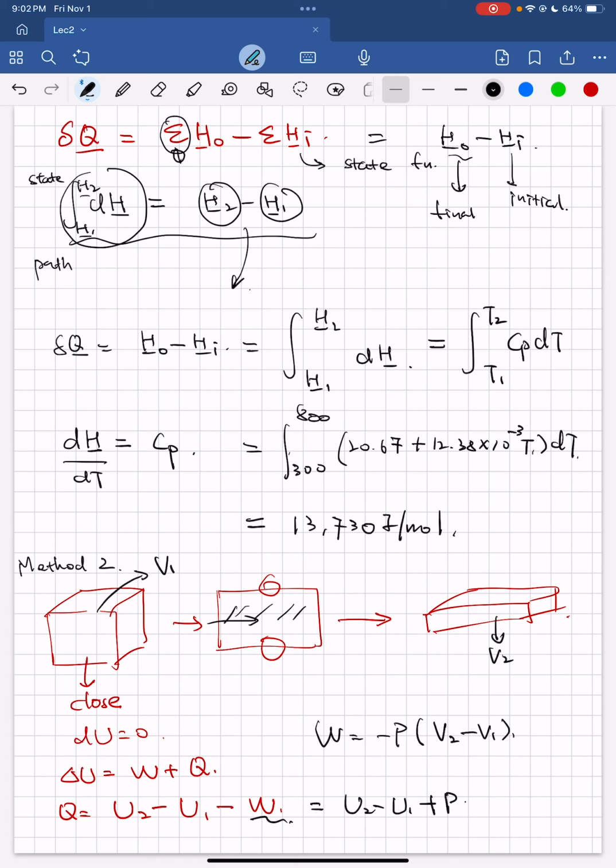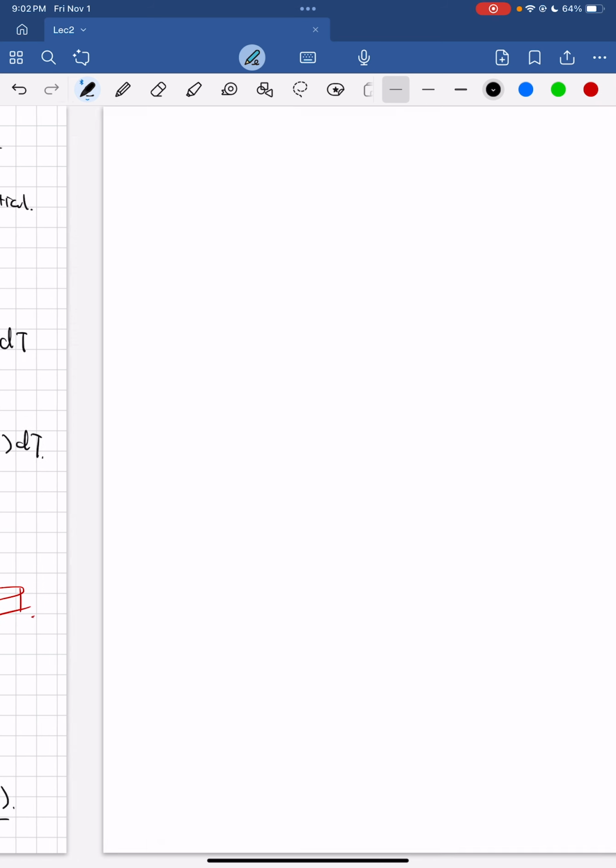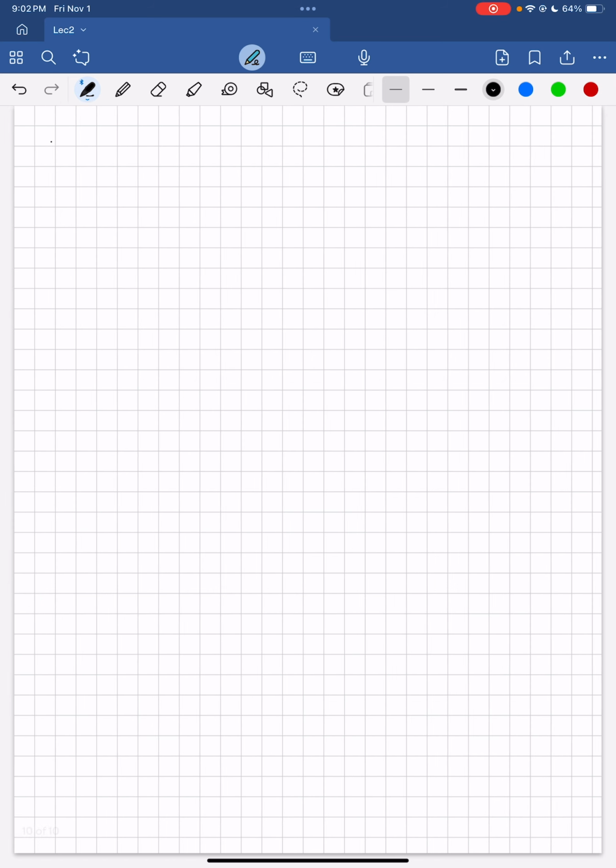So it should be like this, V2 minus V1. Looks familiar, right? You can rearrange this into H2 minus H1. So again, Q equals H2 minus H1. Then it should be the same value as we derived, which is 13730 joule per mole.